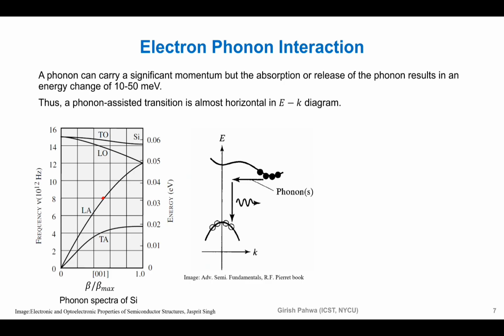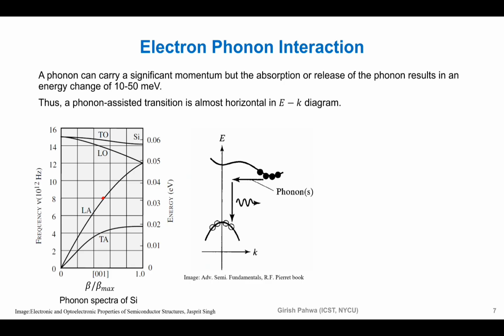So because of the involved nature of this process, it's like a two-step. First electron has to interact with the phonon, then it has to release a photon. So if you make the process complicated and involve more particles, it has three particles involvement: electron, phonon, photon.